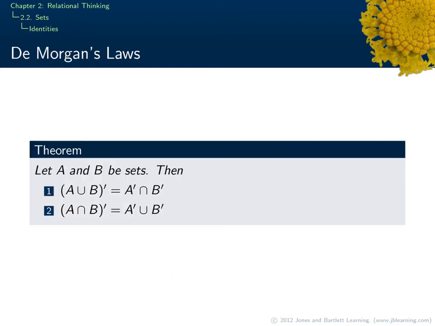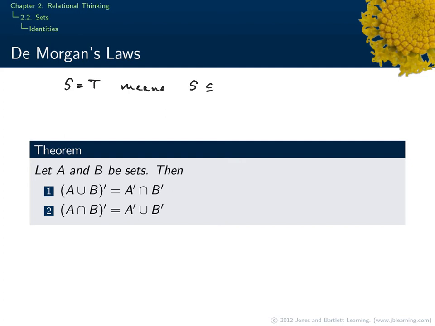On this slide, we have De Morgan's laws for set equality. And before we can talk about those laws, we need to know what it means for two sets to be equal. So set S equals set T. That means that each is a subset of the other.